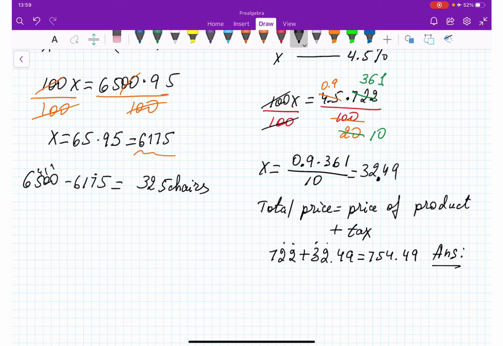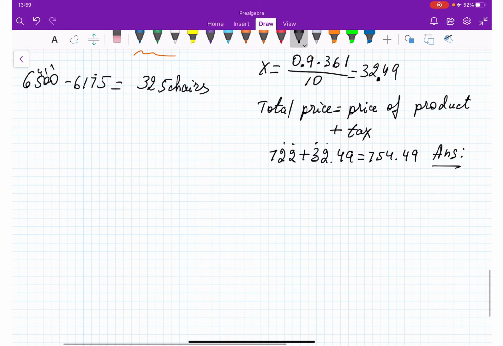Question number 13. A new plasma screen TV has a purchase price of $8,030.